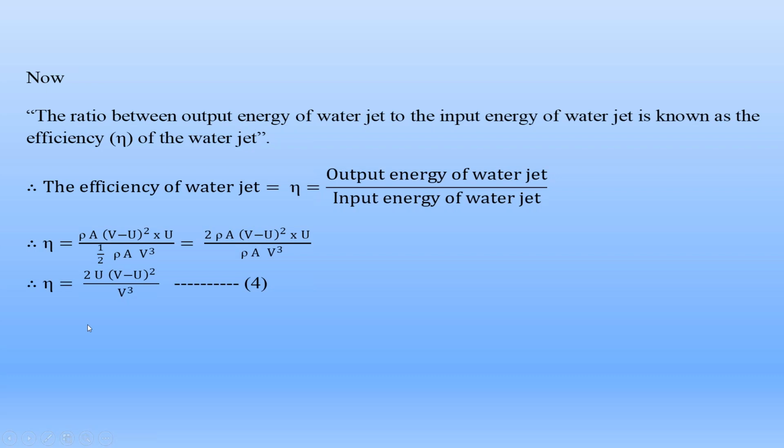The absolute velocity v is the constant value of the water jet velocity.